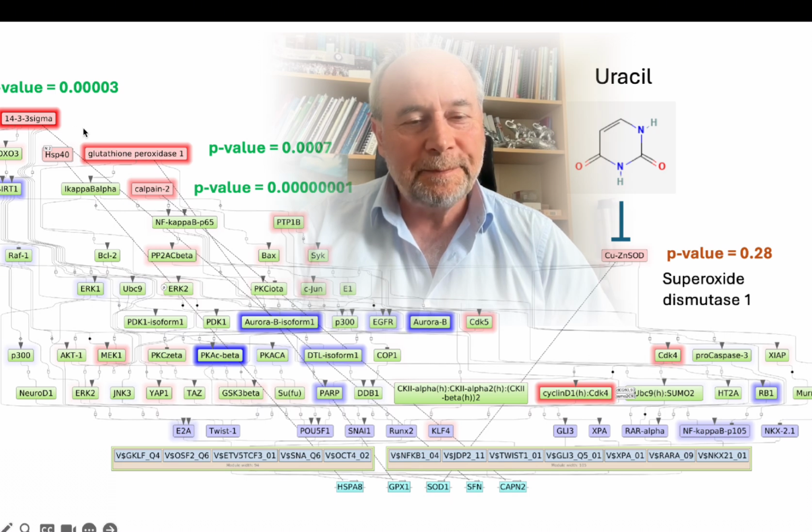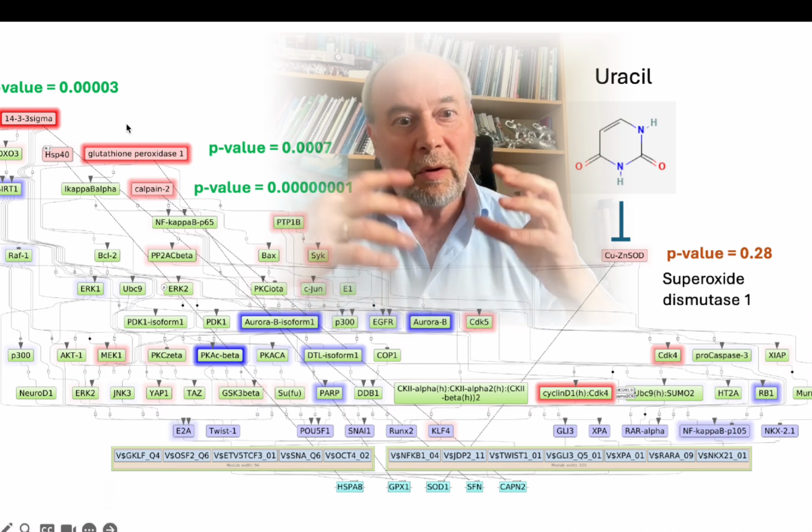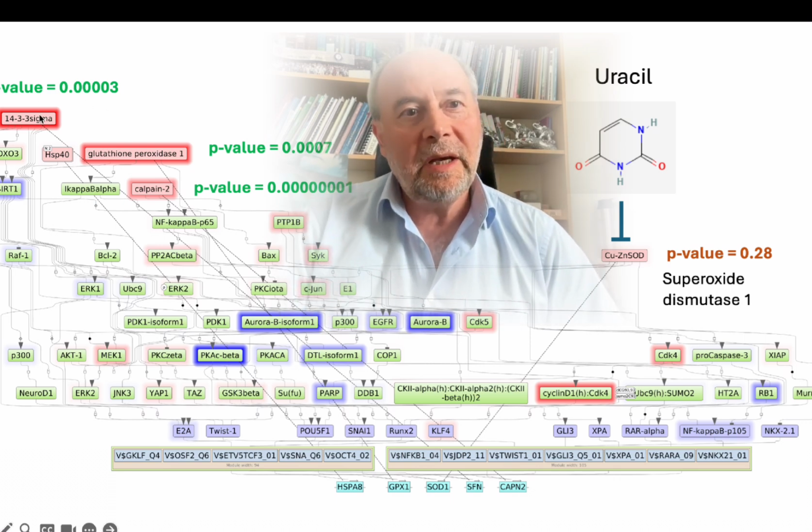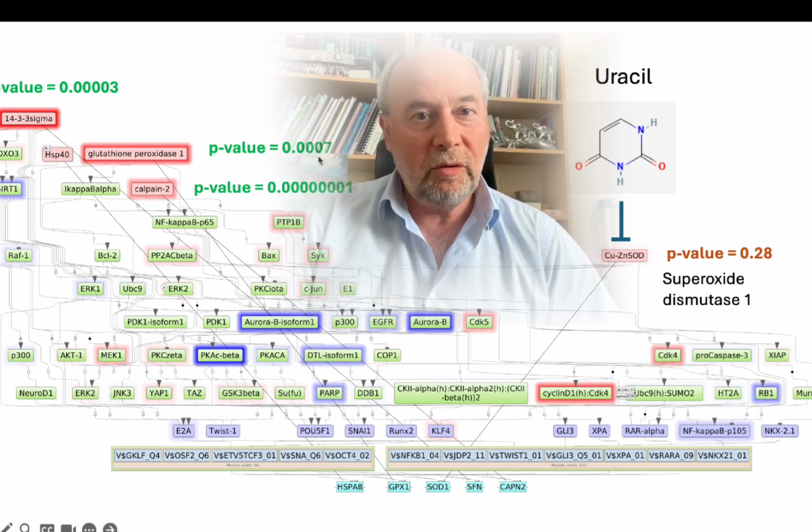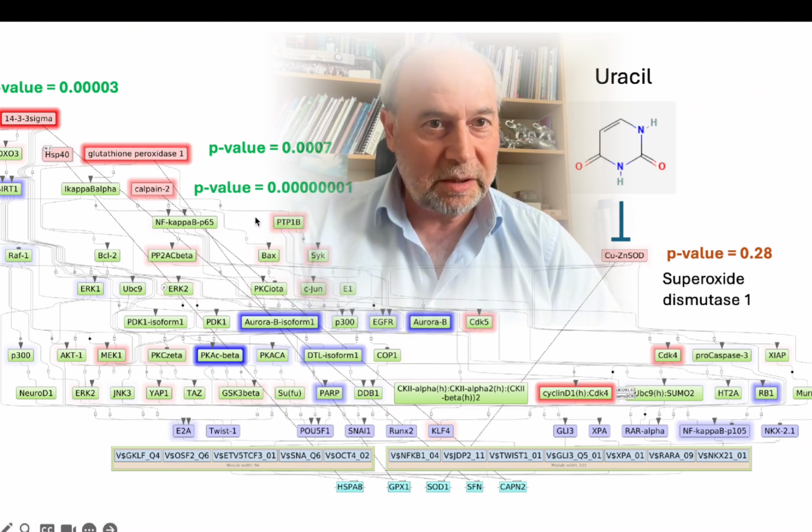As I explained already before, those proteins shown here in pink with a red halo around them are upregulated, and the p-value of upregulation is very significant.